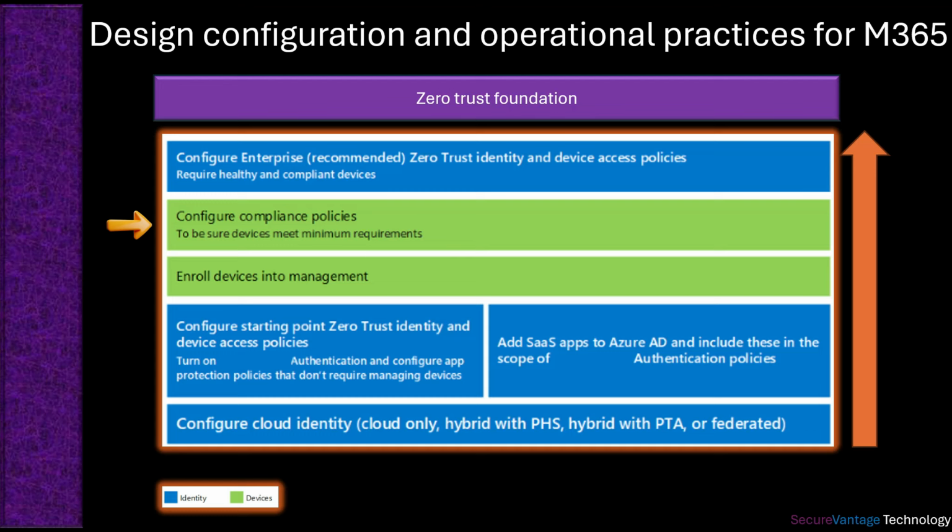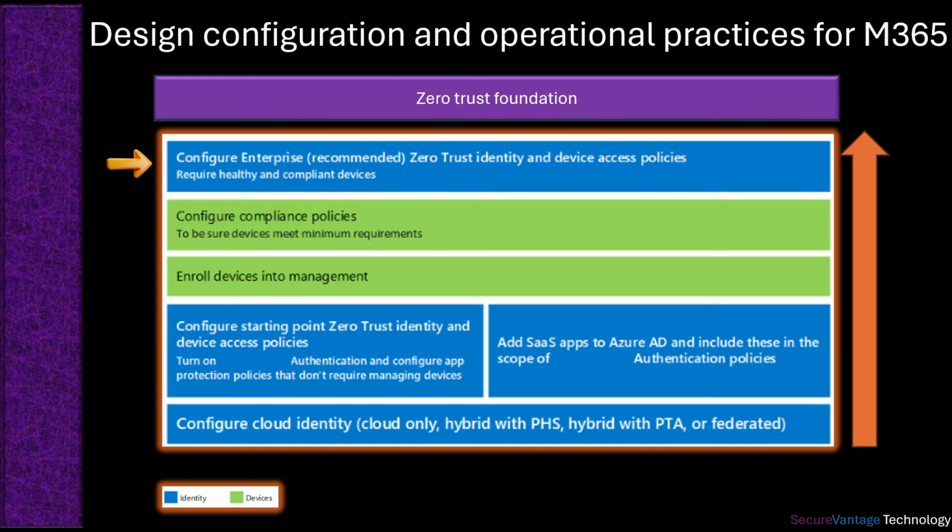You then set up compliance policies in Intune to ensure that devices meet security requirements before accessing corporate resources. Compliance policies in Intune can specify the minimum security standards devices must meet, such as OS version, patch level, and encryption status. You can configure actions for non-compliant devices, such as blocking access or requiring remediation steps as well.